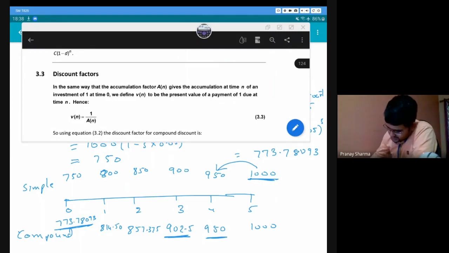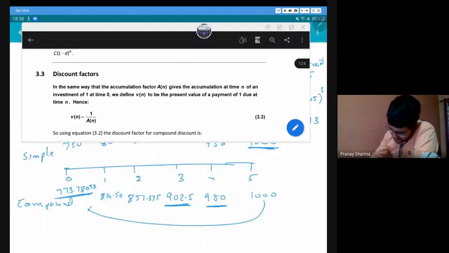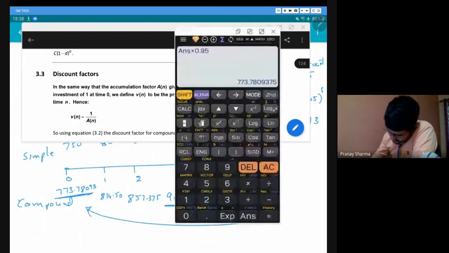So you can directly say, if you want to find this, we'll have 1000 into (1 minus 0.05) raised to 5.